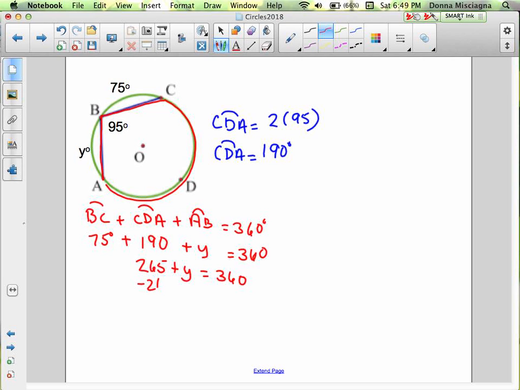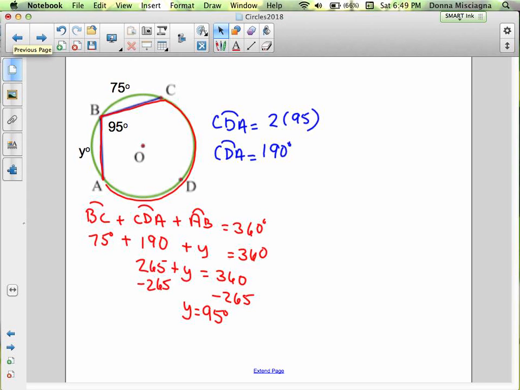Subtract 265 from both sides, and that means Y is 95 degrees. And there we go, we have solved it. Sometimes you have to do a little more work. You have to remember things like the sum of the arcs in a circle is 360 degrees, or if a circle has congruent chords, the arcs that are created are also congruent.